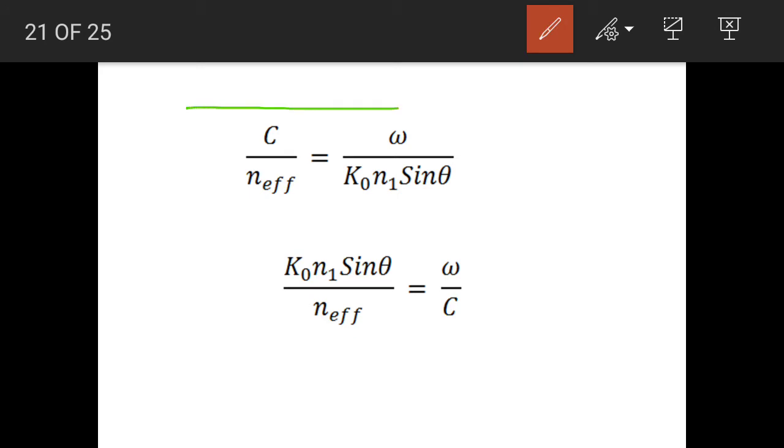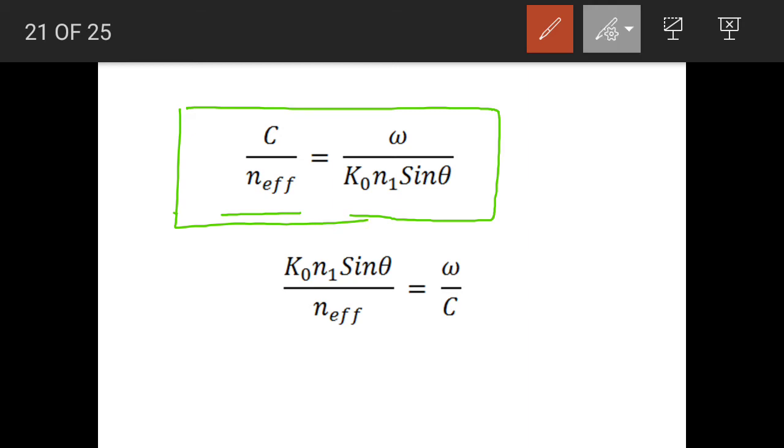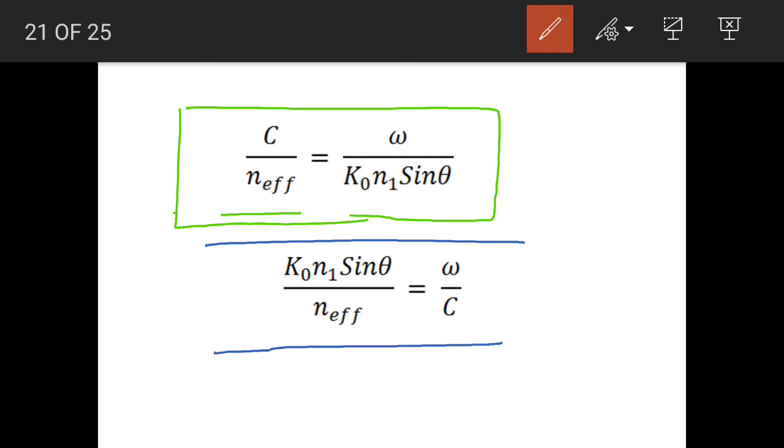C by N effective will be equal to omega by K naught N1 sine theta, right? And we rearrange the first equation. If we rearrange it, K naught into N1 sine theta divided by N effective will be equal to omega by C. And we know that omega by C is equal to K naught.